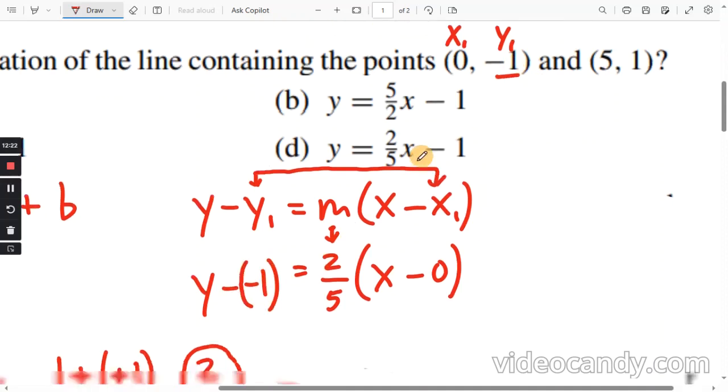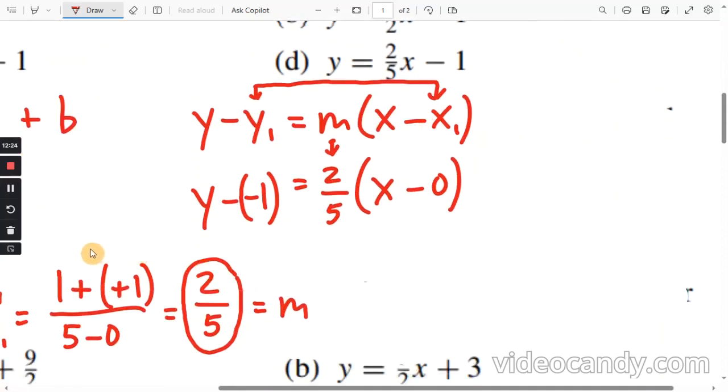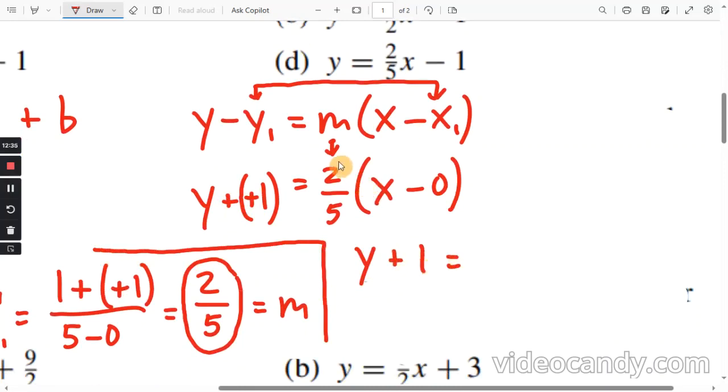Y minus -1 is the same as y plus 1. And distributing, 2/5 times x is going to be 2/5 x, and 2/5 times 0 is just 0.